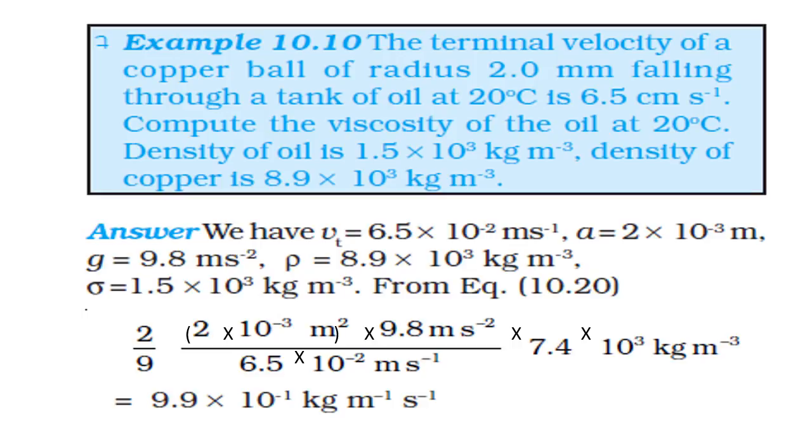By using the formula of coefficient of viscosity and by putting all these values in that formula, you will get 2 by 9 multiplied by (2 into 10 raised to power minus 3 meter) square into 9.8 meter per second square multiplied by (rho minus sigma), and after calculating it, it will become 7.4 into 10 raised to power 3 kilogram per meter cube, and on solving it, 9.9 into 10 raised to power minus 1 kilogram per meter per second.